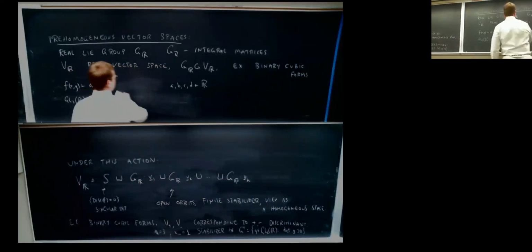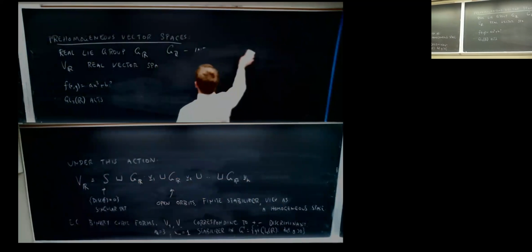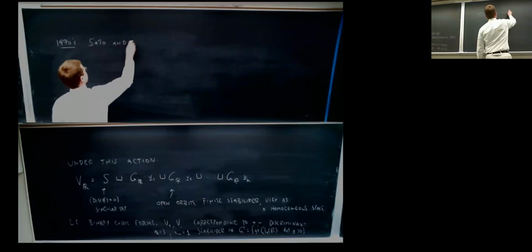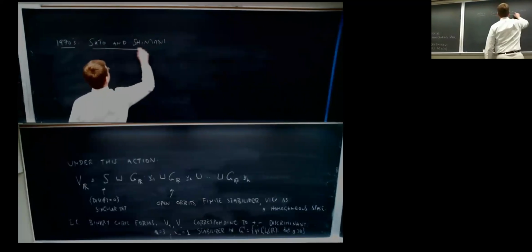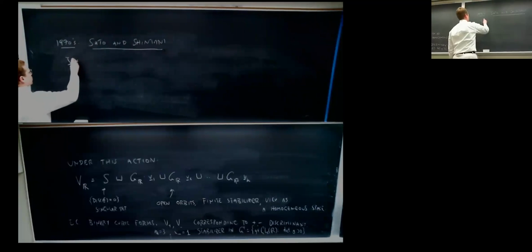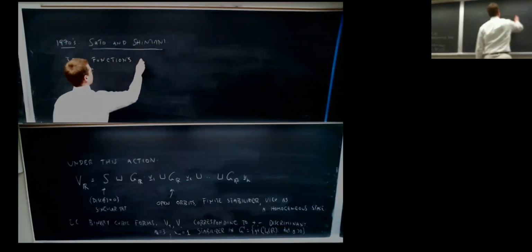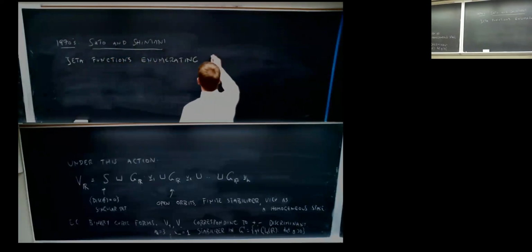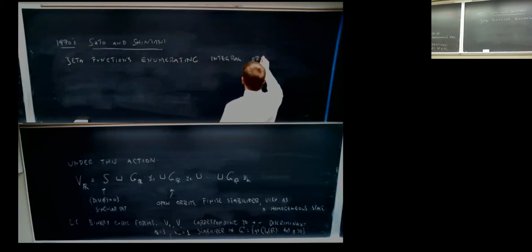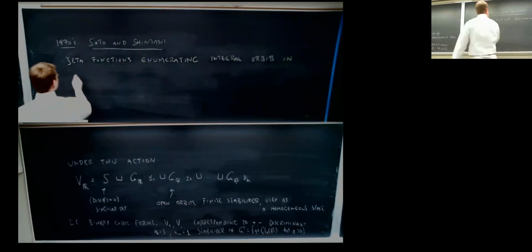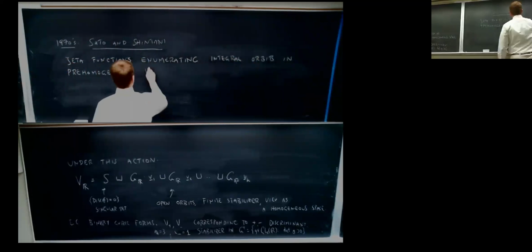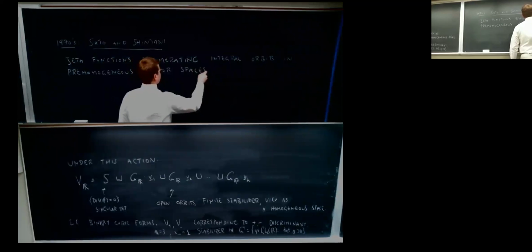Going back to the 70s, there are papers of Sato and Shintani that produce zeta functions counting integral orbits in homogeneous vector spaces by discriminant.